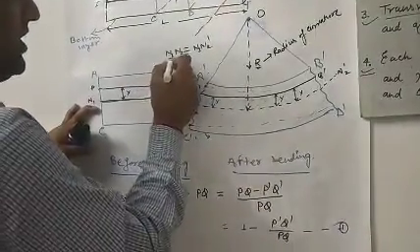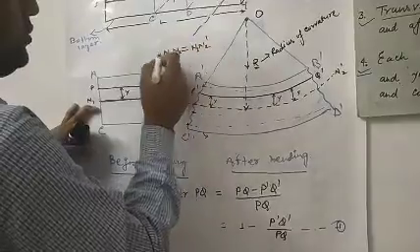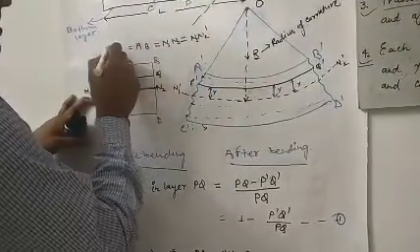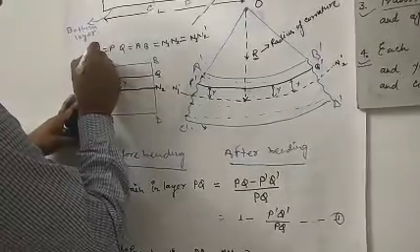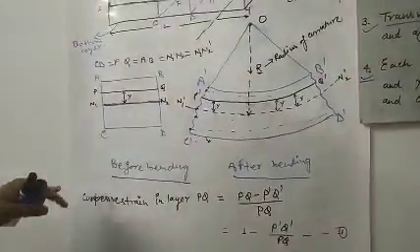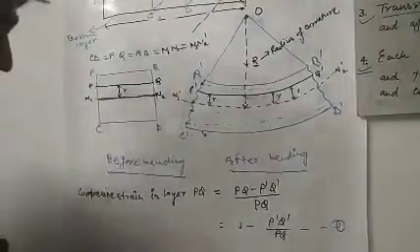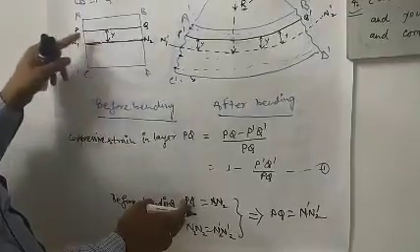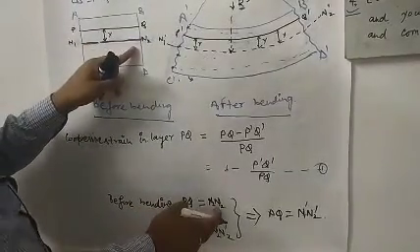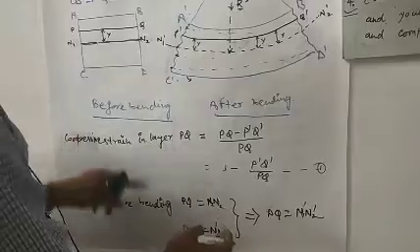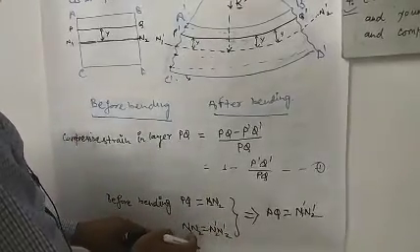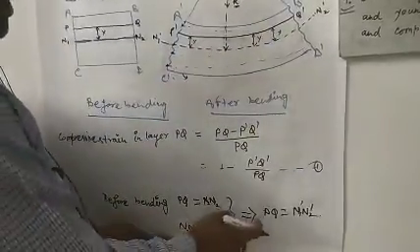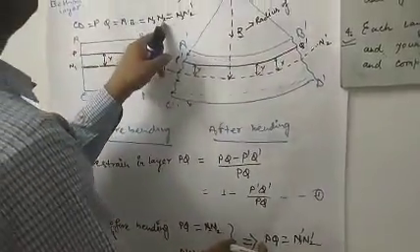So here it is mentioned N1 N2 equal to N1 dash N2 dash, and it will also be equal to AB, PQ and CD. Right? Clear? So again, before bending, PQ equals N1 N2. Right? Therefore N1 N2 equals N1 dash N2 dash. So we can write PQ equal to N1 N2.